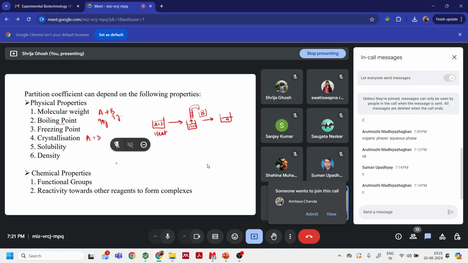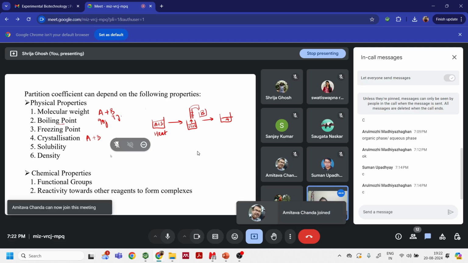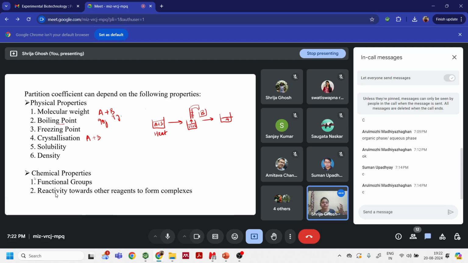Based on the chemical properties, you can actually separate two different compounds in a mixture. Now the second chemical property is reactivity towards other reagents to form complexes. Let's say I have a column that has a special property towards a particular chemical group or a particular component.